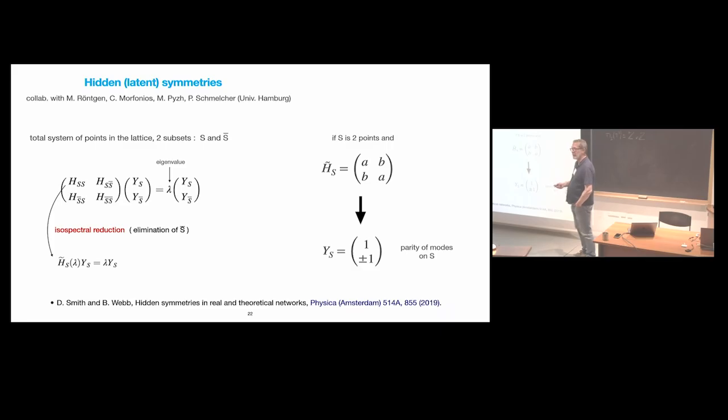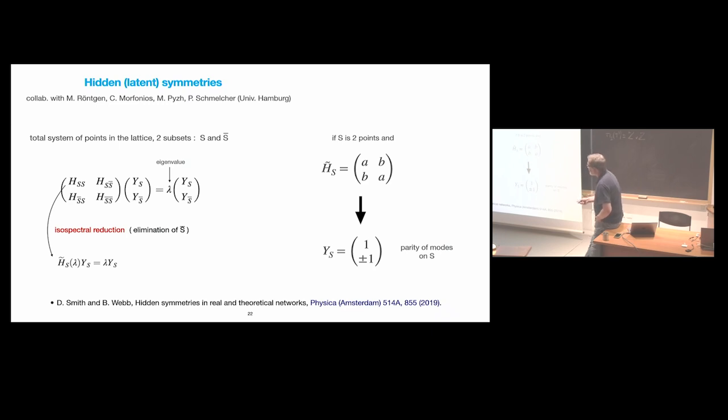We have this kind of lattice model. You are looking for lambda, the energy. So you have a lattice setup, and you decide to separate the lattice in two subsets. Here I've called them S and S bar.